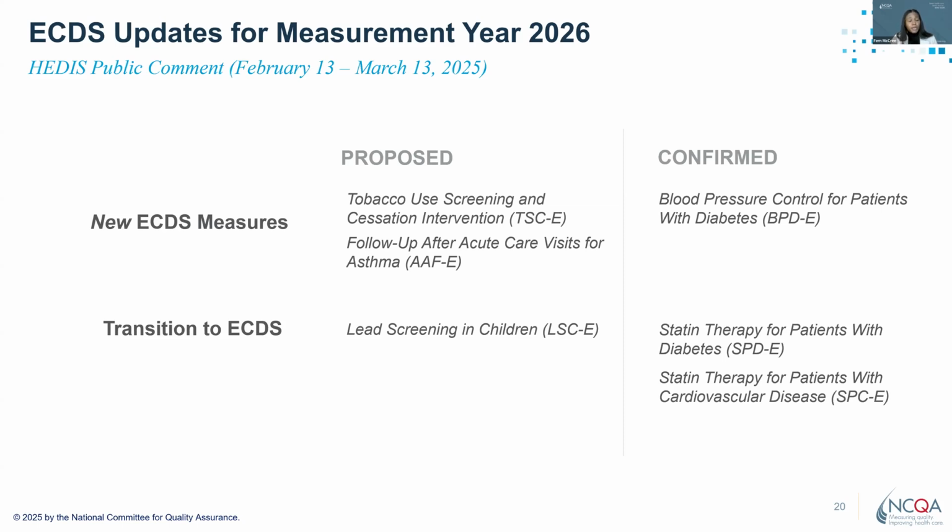This upcoming measurement year, we're proposing for that to be transitioned in 2026. And then we're also going to be converting the two statin therapy measures, which are actually administrative measures. We're going to be converting those to the ECDS only method as well for measurement year 2026.